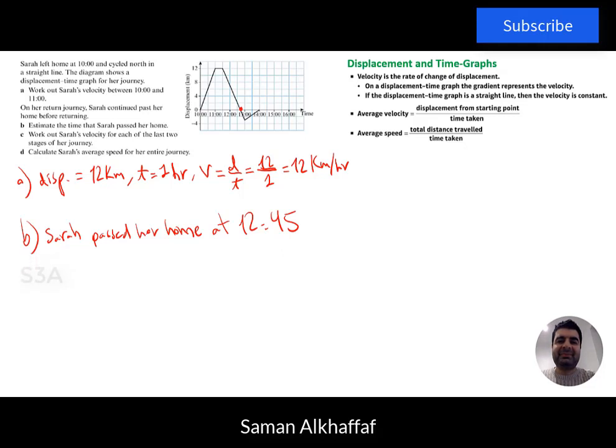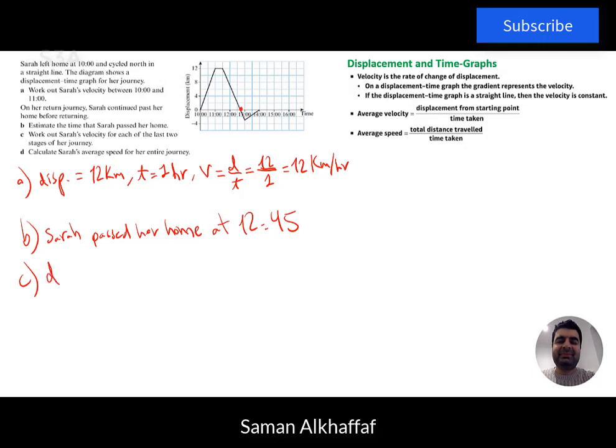For part C, we need to work out Sarah's velocity for each of the last 2 stages of her journey. In this scenario, for the latter parts, we start from the top, which is 12, going down.